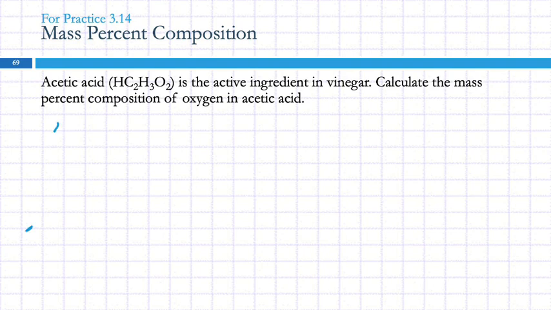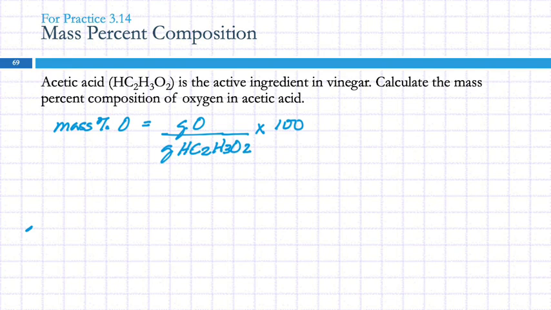So the mass percent of oxygen is going to equal the grams of oxygen divided by the grams of the whole thing. They didn't tell us how much acetic acid, so we're just going to choose 1 mole.